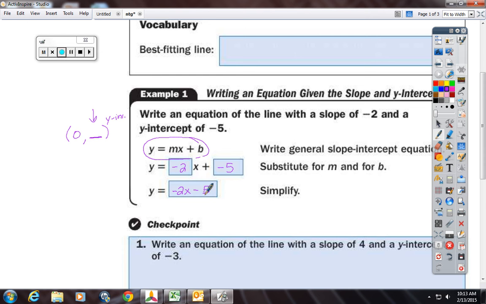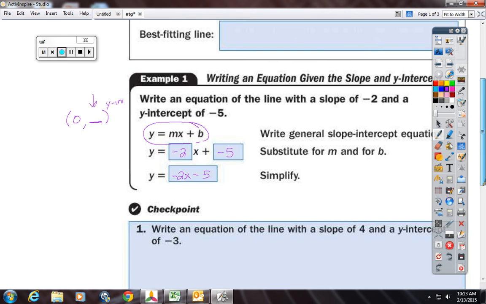Half of the homework problems, or a third of the homework problems from this lesson are going to be just like this. Write an equation that has this slope, so you replace m with the slope, and this is the y-intercept, so replace b with the y-intercept. Here's an example of what a homework problem would look like.